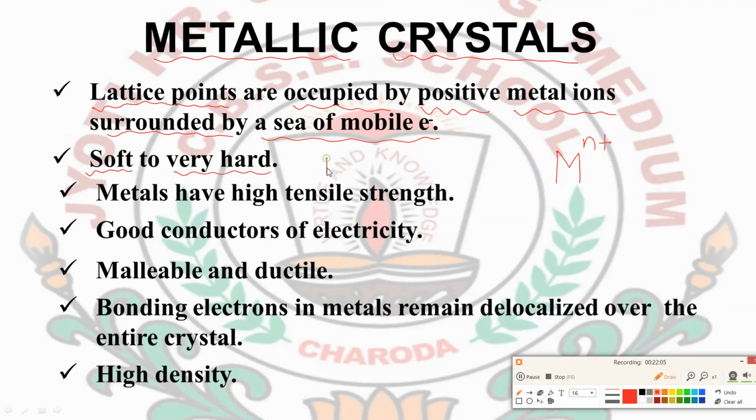If I take the example of sodium, it is soft and can be cut easily with a simple knife. But in the case of tungsten, it is one of the hardest metals we know. So they can be either soft or hard.